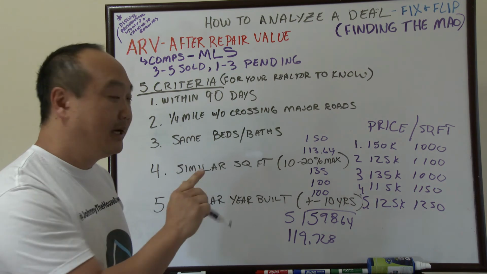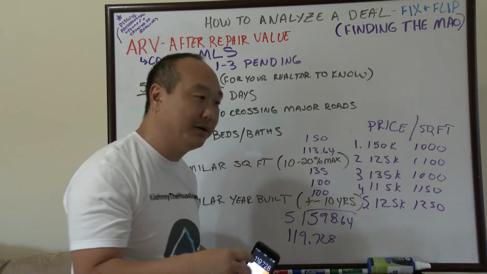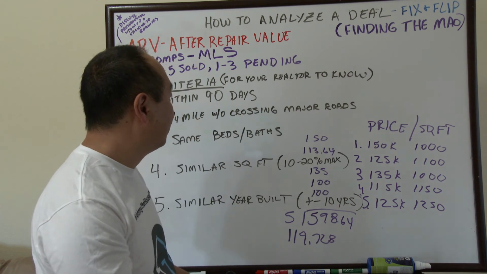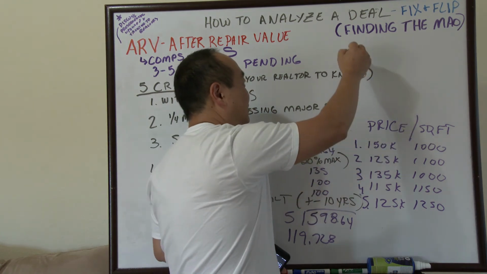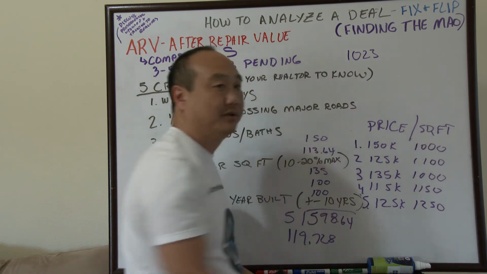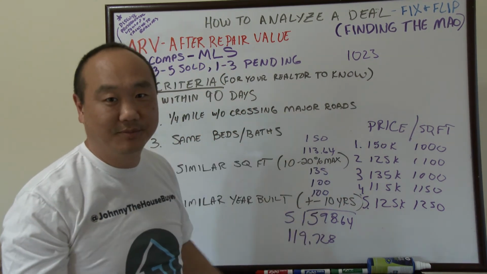Now we're going to take our subject house. Let's say our house is 1,023 square feet. I'm just making that number up.